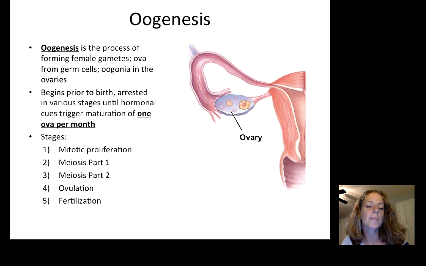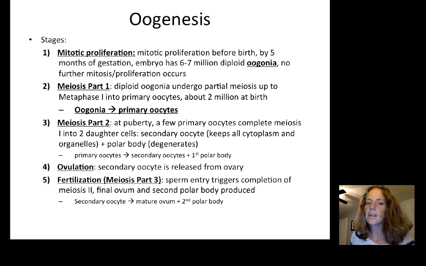It gets stopped at various phases during development. It's going to stop before birth and stop during the monthly cycle. So I'm going to divide those up into meiosis part 1, part 2, ovulation, and fertilization. We're going to draw this as we talk about it because I think it's going to make more sense if we draw it a bit.